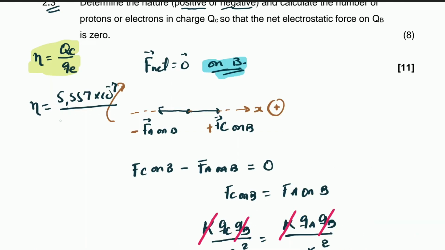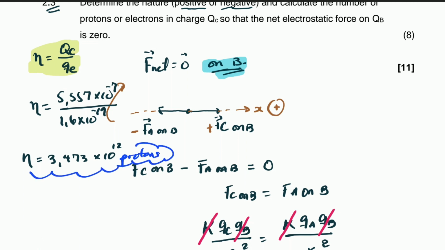So when you substitute here, you will get that the answer is 3.473 times 10 to the 12 protons. You get protons there. And this, guys, is the answer to this question.